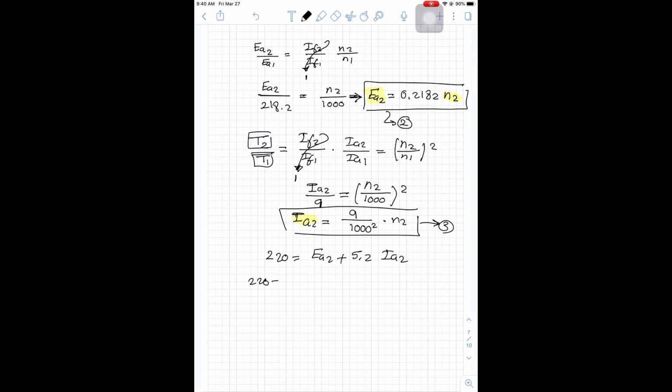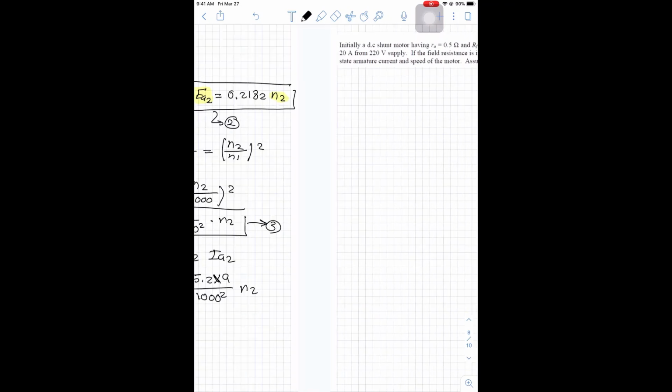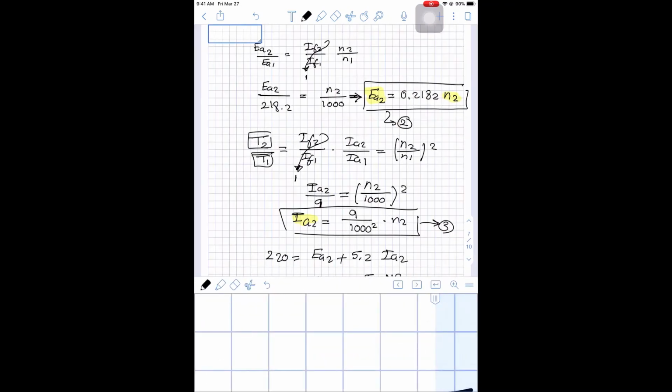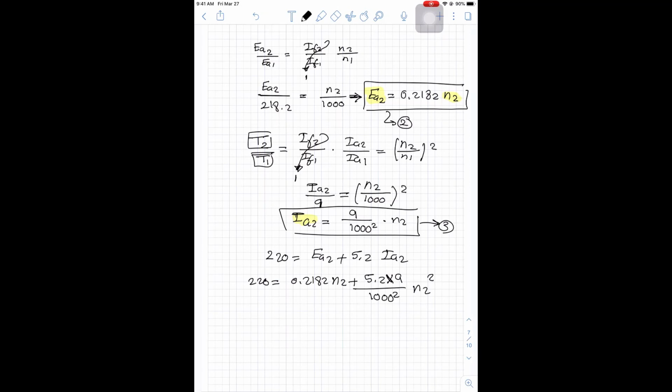So 220 equals 0.2182 N2 plus 5.2 multiplied by 9 divided by 1000 squared N2 squared. Now we can rearrange this equation as 5.2 multiplied by 9 divided by 1000 squared N2 squared plus 0.2182 N2 minus 220 equals 0.